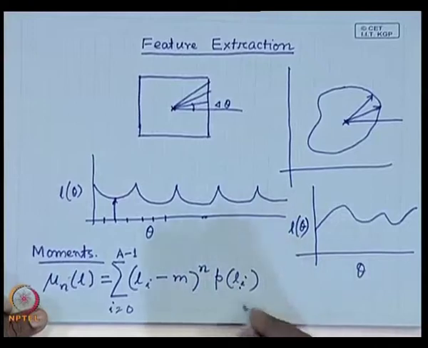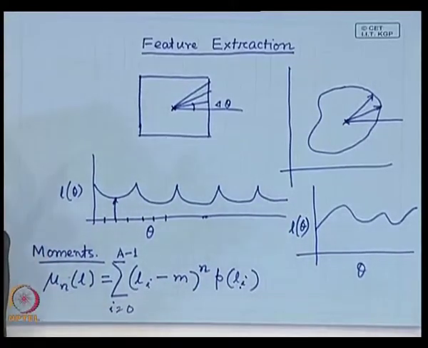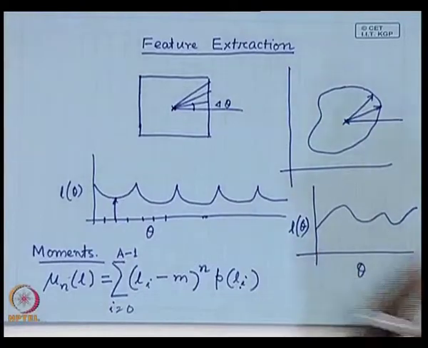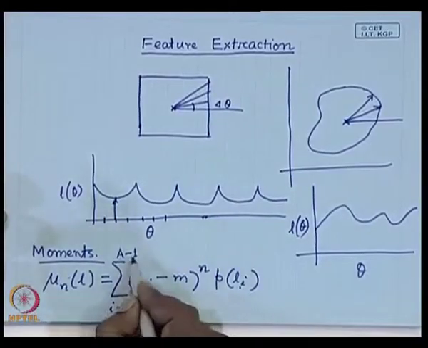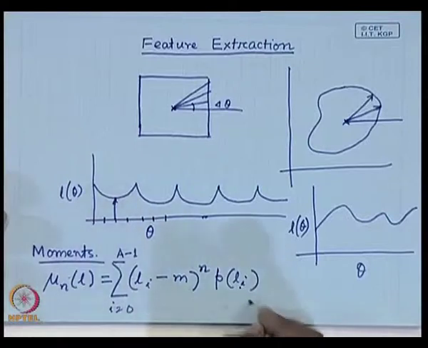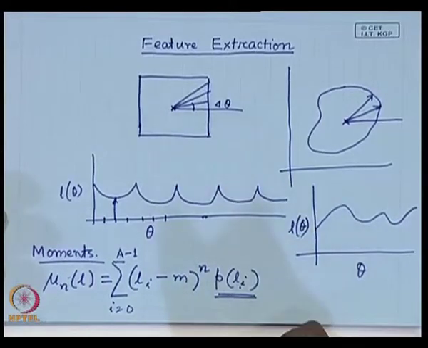So, for every ith bin, I get the number of distance values occurring in that bin. Effectively, what I get is a histogram of these quantized distance values, and if I normalize this histogram with respect to the number of samples, which in this case is A, then what I get is an estimate of the probability of occurrence of L_i.